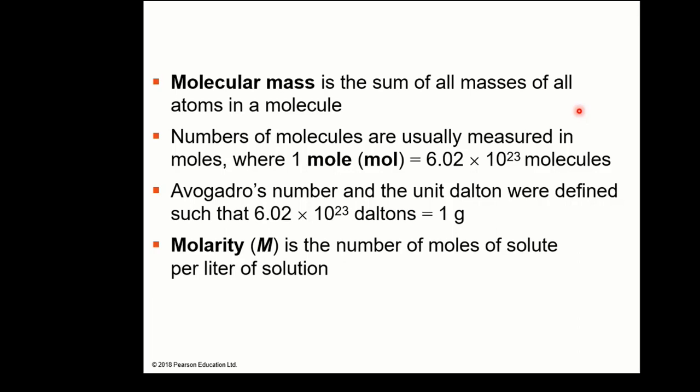This is Avogadro's number, and the unit Dalton is defined such that 6 times 10 to the 23 Daltons is equal to 1 gram. You don't need to worry about this formula, but what you need to know is that molecular mass is the sum of all the atoms in a molecule.